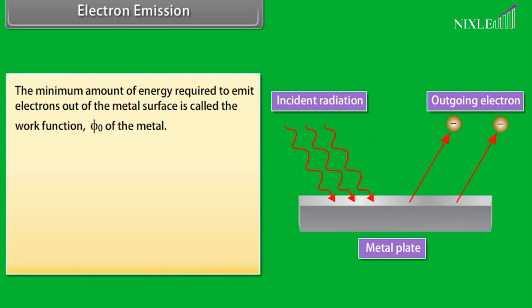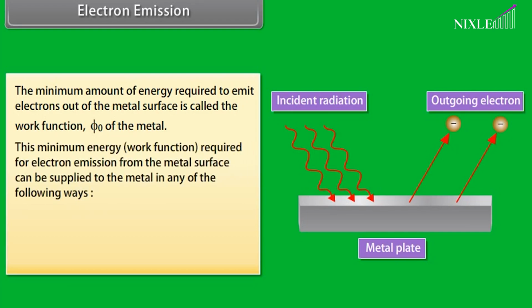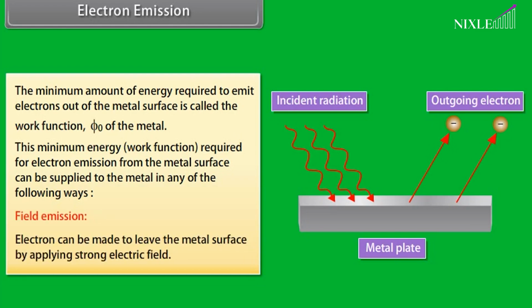The minimum amount of energy required to emit electrons out of the metal surface is called the work function, phi0, of the metal. This minimum energy, the work function, required for electron emission from the metal surface can be supplied to the metal in any of the following ways. Field emission. Electrons can be made to leave the metal surface by applying a strong electric field.